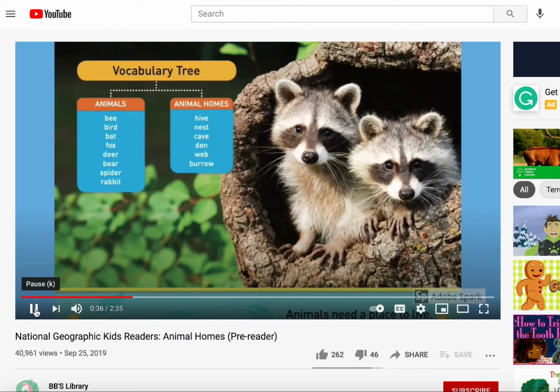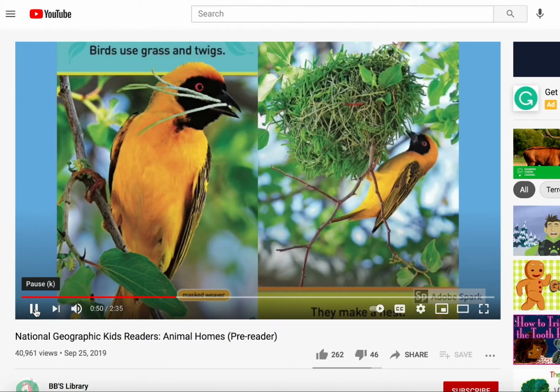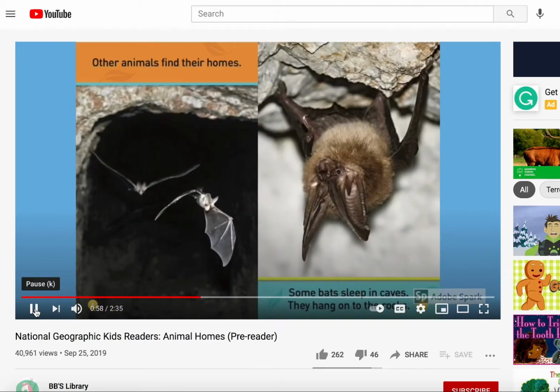Animals need a place to live. Some animals build their homes. Bees build a hive. Honeybees. Birds use grass and twigs. They make a nest. Other animals find their homes.